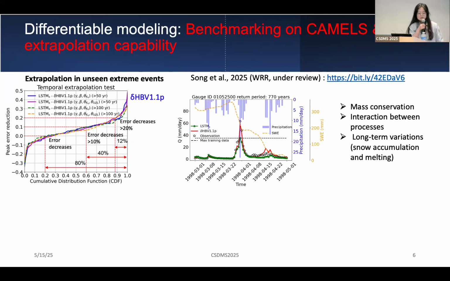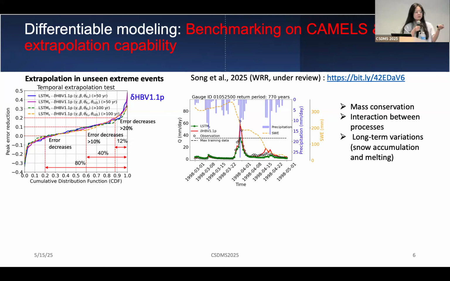Since LSTM is a neural network, it has difficulty providing predictions outside of its training data. But the differentiable model is still a process-based model, so it can respect mass conservation.